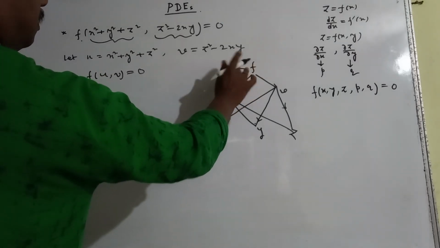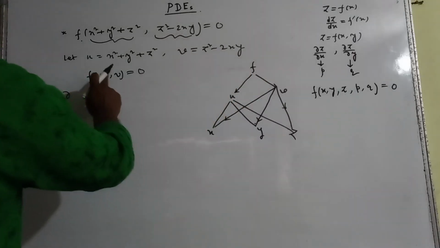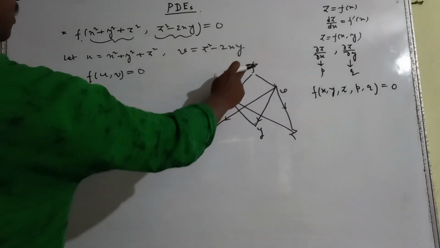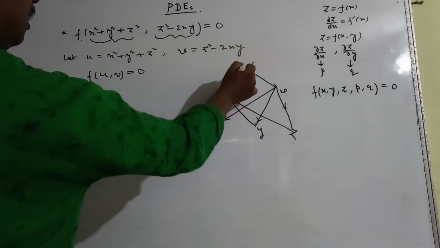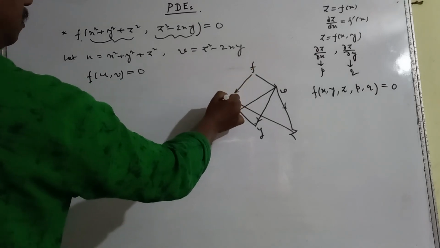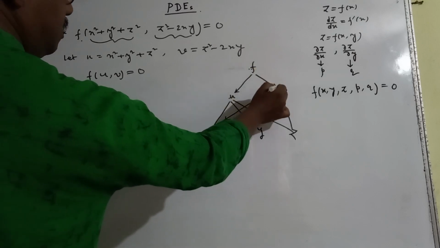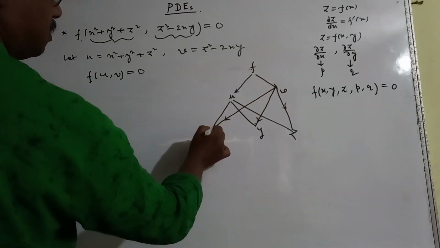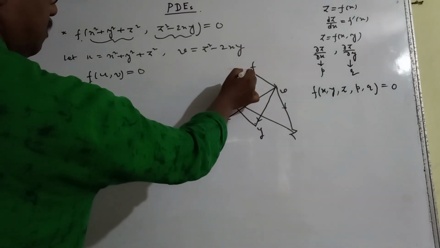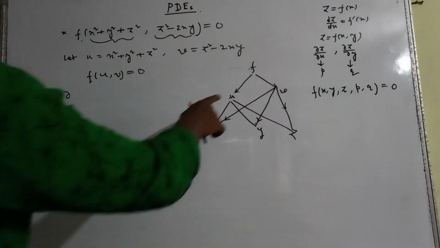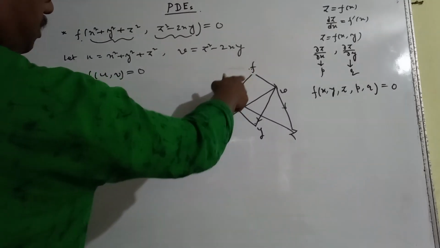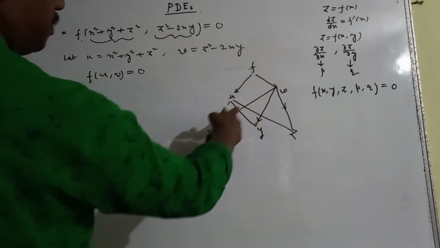We have to find del f del x. Then del f del u, del u del x, plus del f del v, del v del x. How can we reach from f to x? This path and this path.